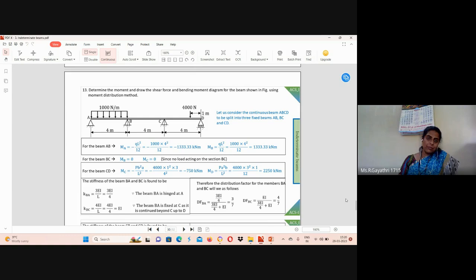Okay, very simple problem. Initially we considered individual spans AB and CD. We noted only the external load over these spans, so we directly used the equation to find maximum bending moment. We solved, and we noted the shape also. For UDL, we use a parabolic shape. For point load, we use a straight line to show bending moment over the span. Next, we used the three moment equation. We consider span ABC, in which bending moment at A will be 0 because it is simply supported.